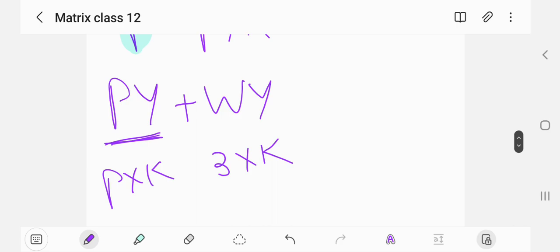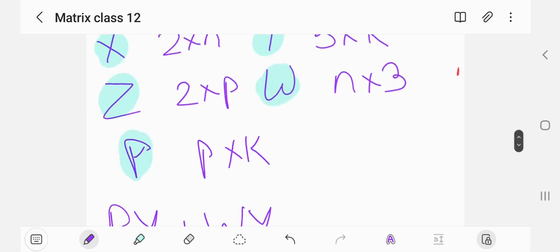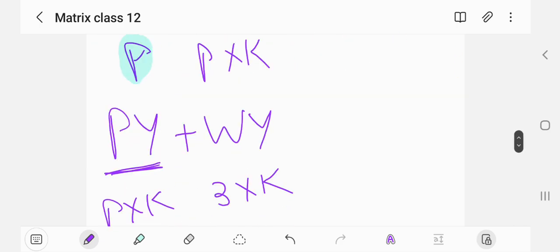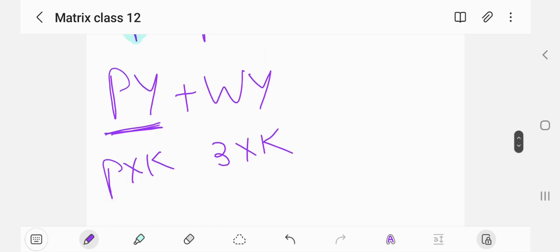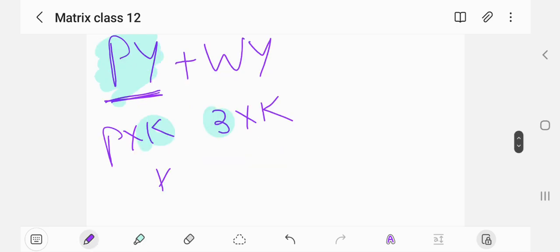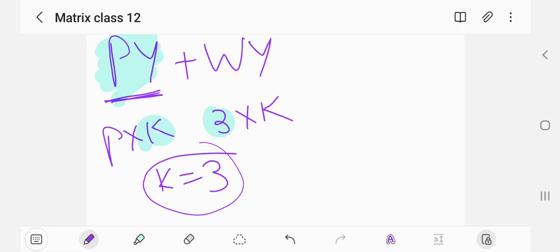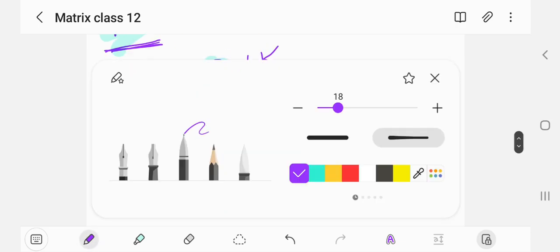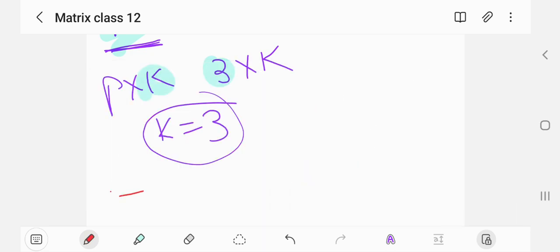Let me recheck whether the order I have written is correct: 3 by k, yes. Now this PY multiplication is well defined if and only if this k equals 3, right? You know very well. From here we have reached the point that k should equal 3. As a result, the resultant matrix which I will get here is of order p by k, right?